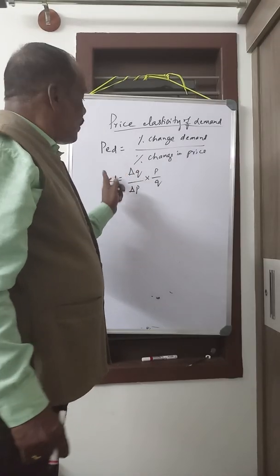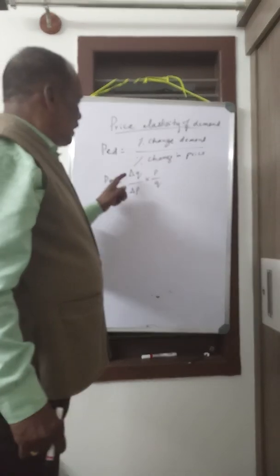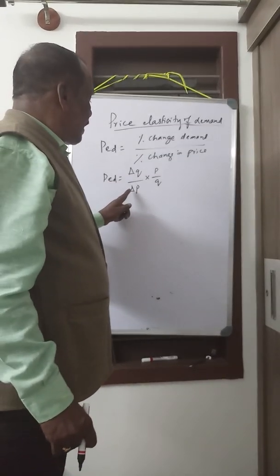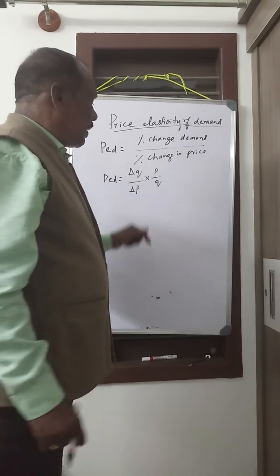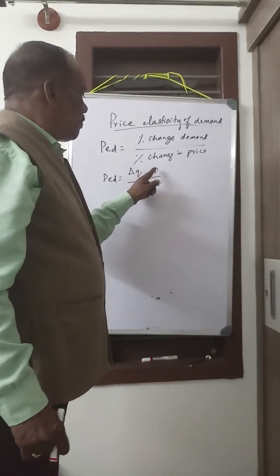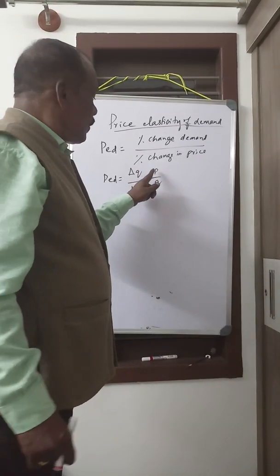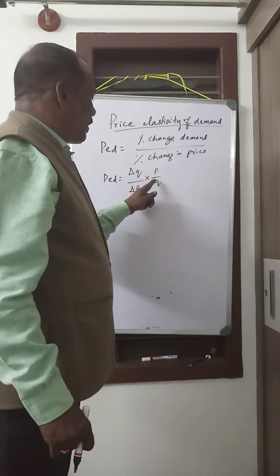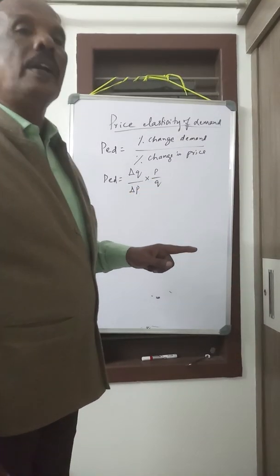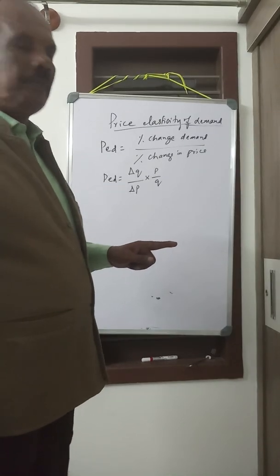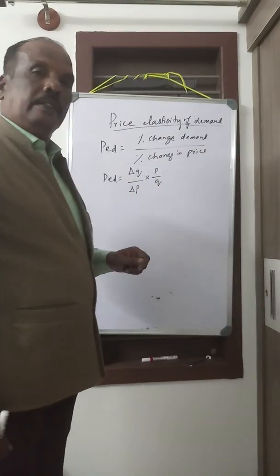Delta Q means change in quantity demanded divided by delta P, that is change in price, into P, that is the initial price of the commodity, divided by Q, the initial quantity of the demand.